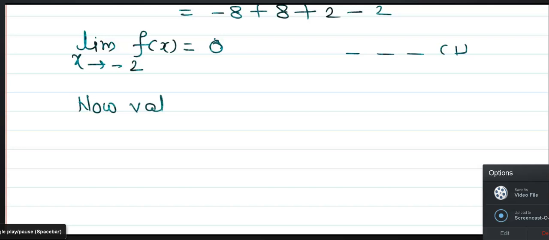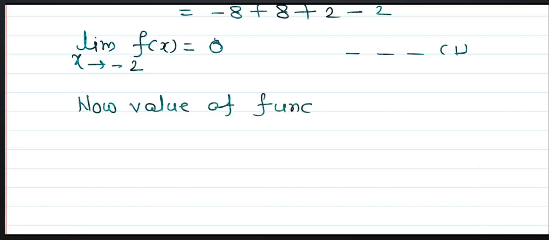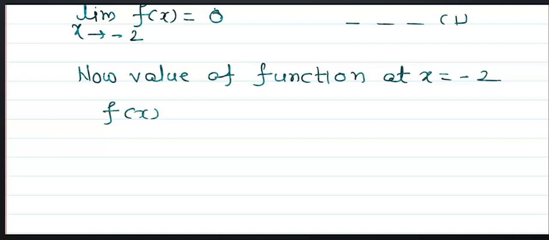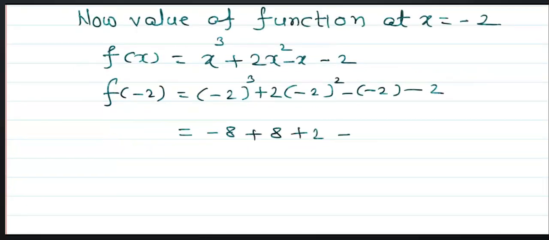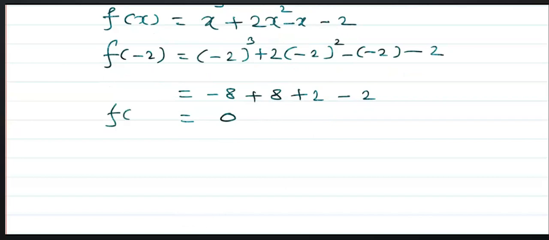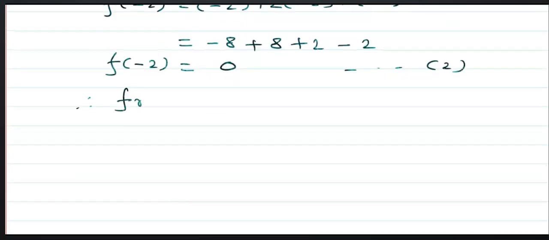Now we'll find out the value of the function. Then how to find out the value? Now see this. That is f of x is equal to x cube plus 2x square minus x minus 2. Only replace x by minus 2. And overall you are getting that the value of the function at x is equal to minus 2 is 0.